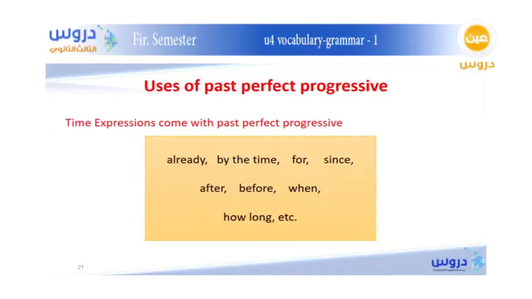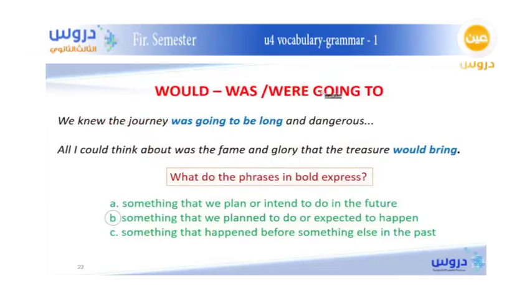Something that happened before something else in the past. So it's clearly mentioned here in sentence B: planned to do or expected to happen, when you use was going to or would.